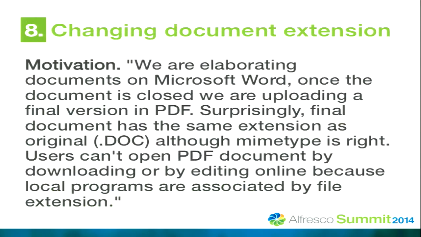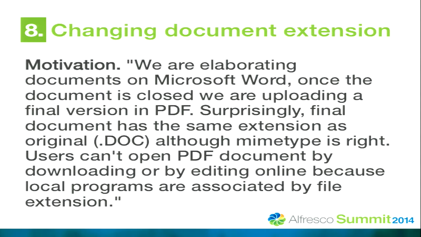Okay, let's see. Changing document extension. Some users are working with Word or with LibreOffice, and they are collaborating, and they get a final document. And they say, okay, my final document should be a PDF. And they use the same node in order to store this PDF.